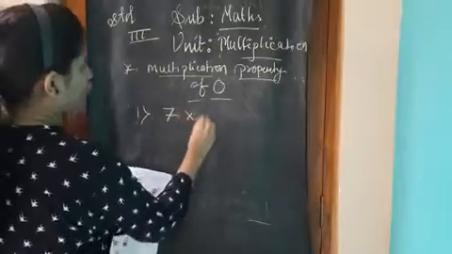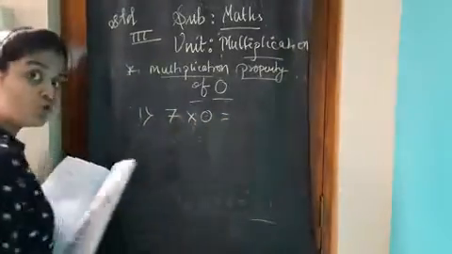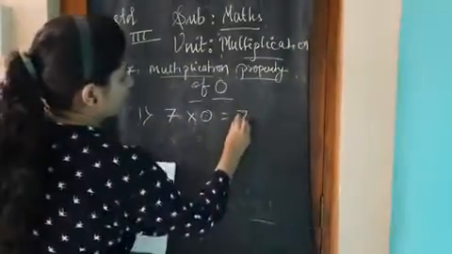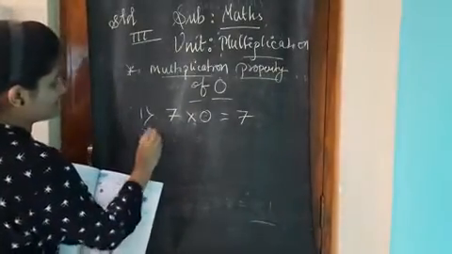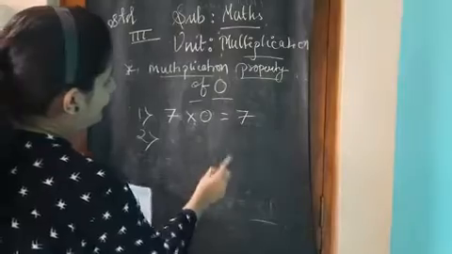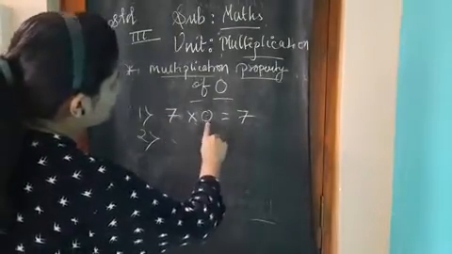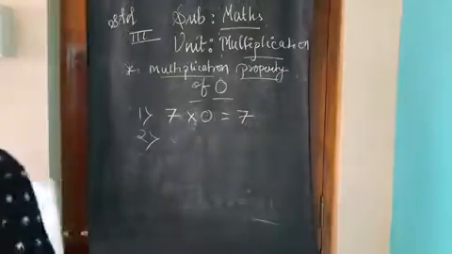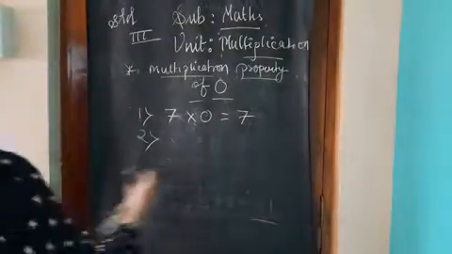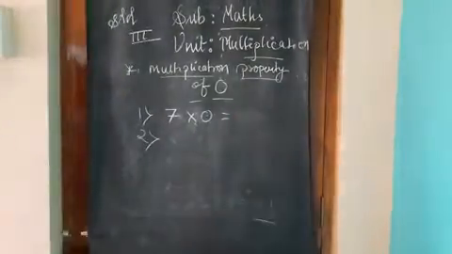Seven into 0 is equal to 7. Okay students? Whenever we multiply a number with 0, the answer will be 0. Not 7.